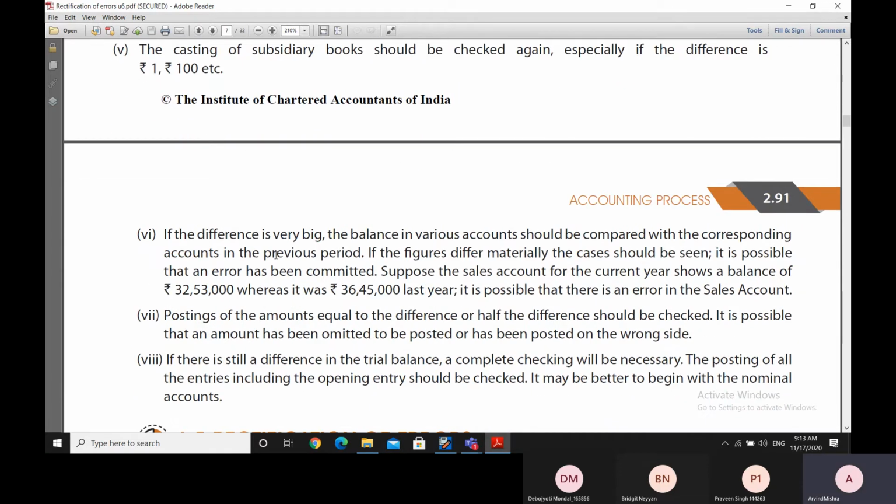On the other hand, in the next step, if the difference is very big, then we should compare the balances in various accounts with the corresponding accounts in the previous financial year or previous accounting period, and check whether there is a lot of difference between the two years, because then there may be a wrong entry there.